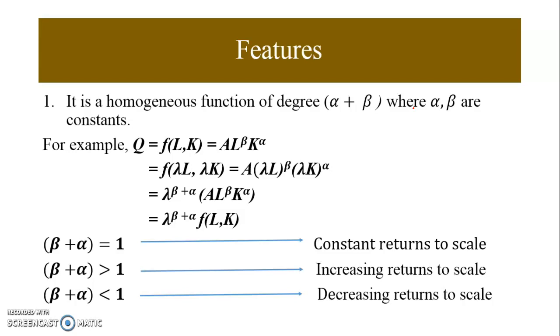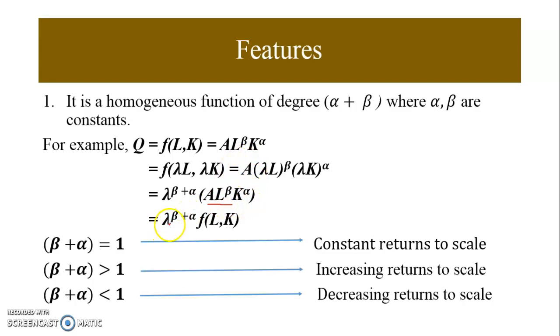In order to check for a homogeneous function, we multiply each of the variables of the function by lambda. So when we multiply labor and capital by lambda, we take lambda as common, so the powers will be added. So this is lambda to the power beta plus alpha, and we take this as common, that is A L to the power beta K to the power alpha, and this is our original function.